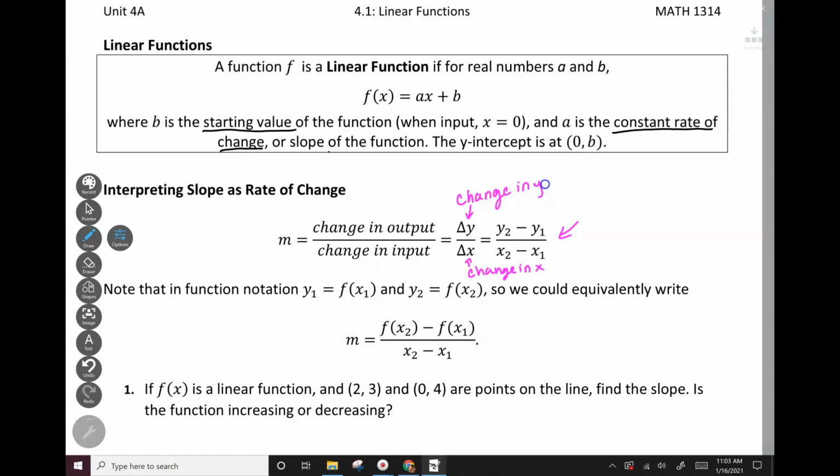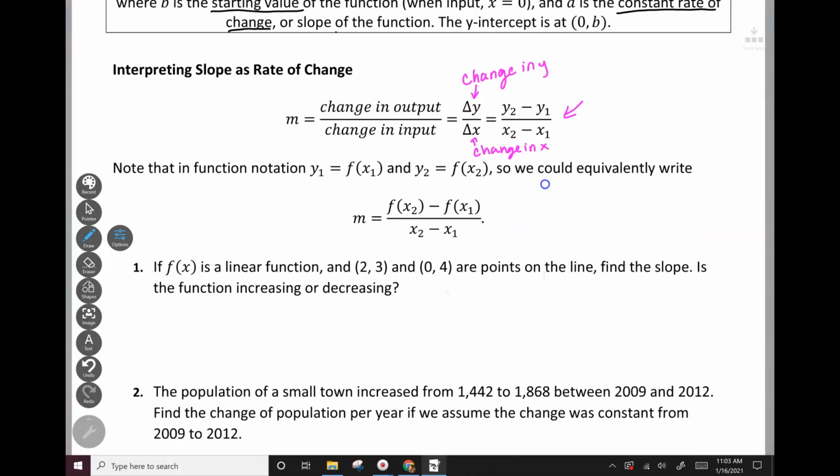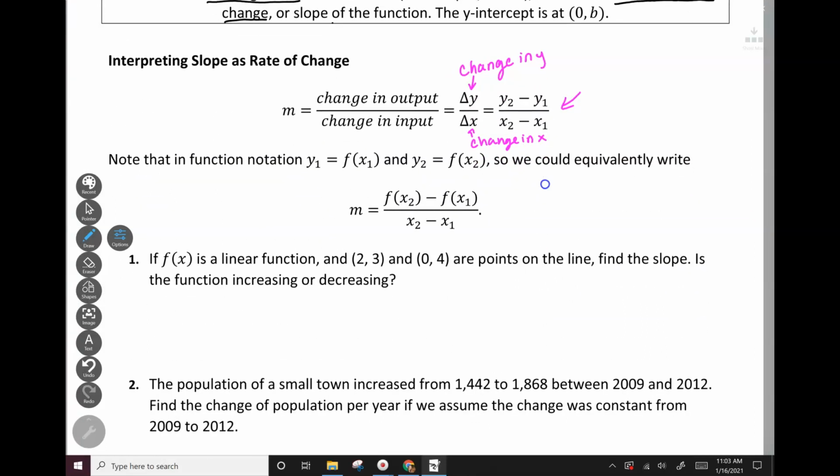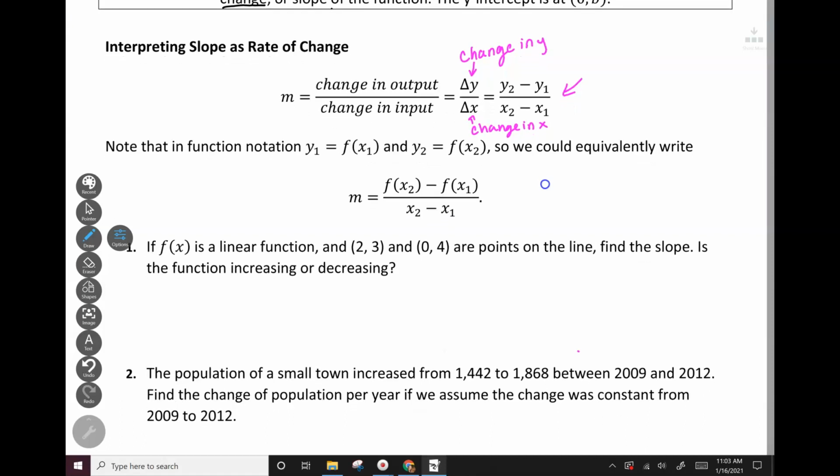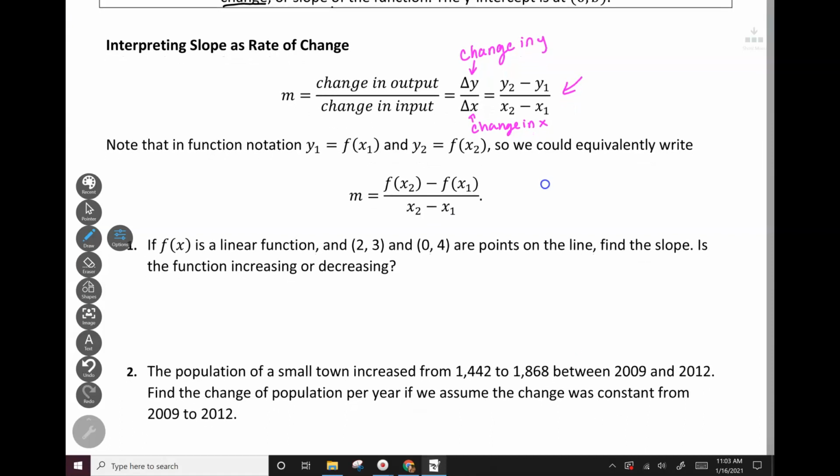All right. Let's look at some examples. If f of x is a linear function, and (2, 3) and (0, 4) are points on the line, find the slope. Is the function increasing or decreasing? So m equals, and so I can say x1, y1, x2, y2.